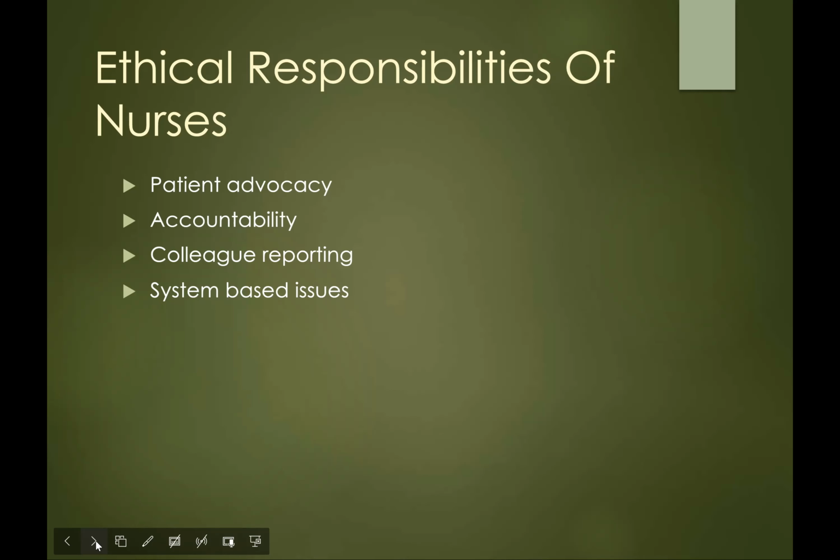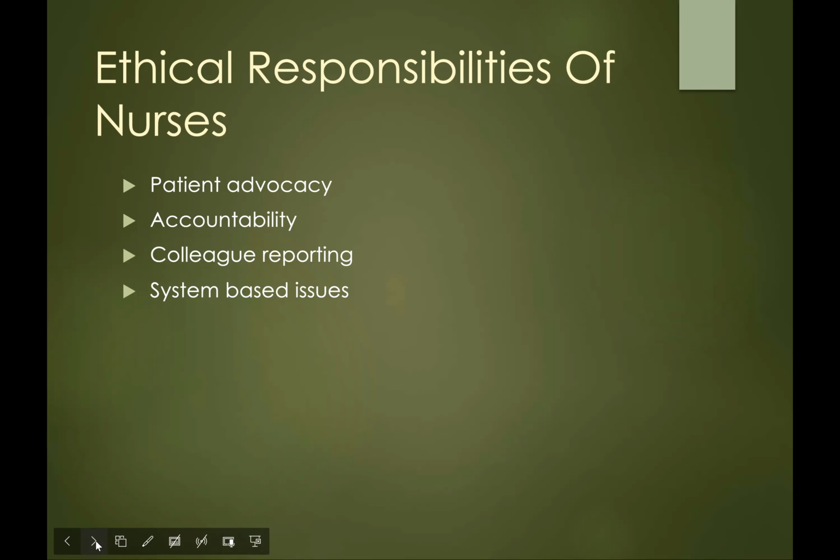Reporting. See something, do something, say something. So basically what it's saying is that if you see a colleague of yours, whether it be a doctor, a nurse, your manager, do something that is not right, that could cause harm to the team, cause harm to the patient, cause harm in general, you are responsible and accountable for letting someone know.